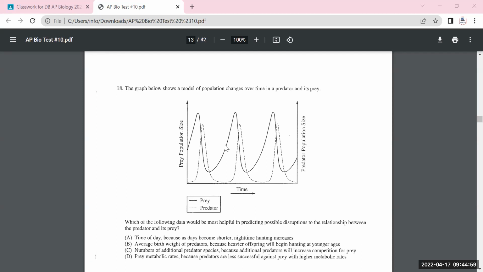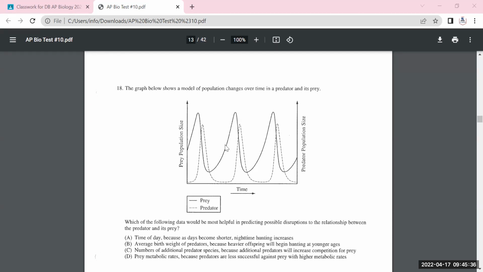Okay, which of the following data would be most helpful in predicting possible disruptions to the relationship between the predator and prey? So time of day doesn't really have to do with it. Average birth weights of predators because heavier offspring will begin hunting at younger age. That is pretty cool. Numbers of additional predator species because additional predators will increase competition for prey.